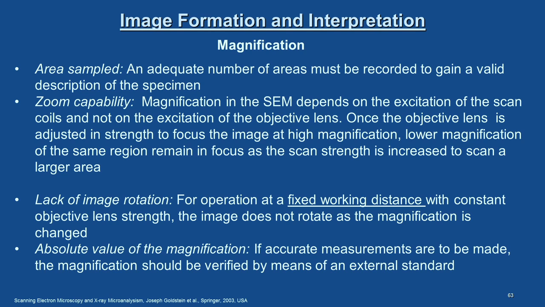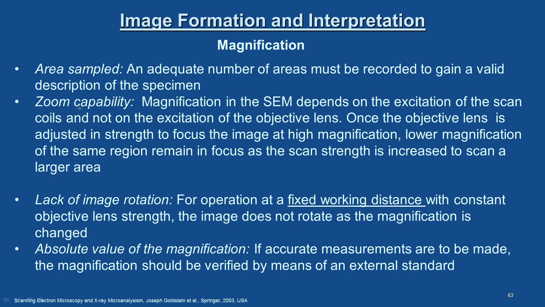If you collect only very high magnification images in 1 or 2 locations, it may not represent the bulk information of the specimen. So, we have to make sure that the number of areas which we examine on the specimen is adequate enough to represent the bulk nature of the specimen.